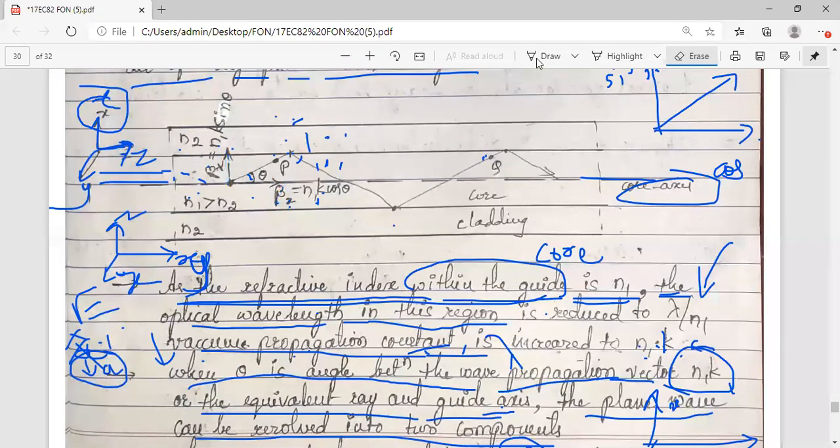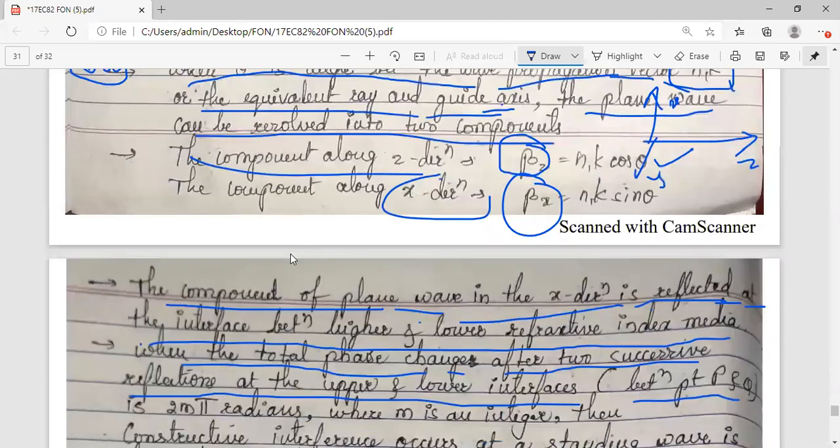How many are there between P and Q? It started here somewhere, the first reflection occurred, then the second, so two times. After two times, during the third, there is a phase change.